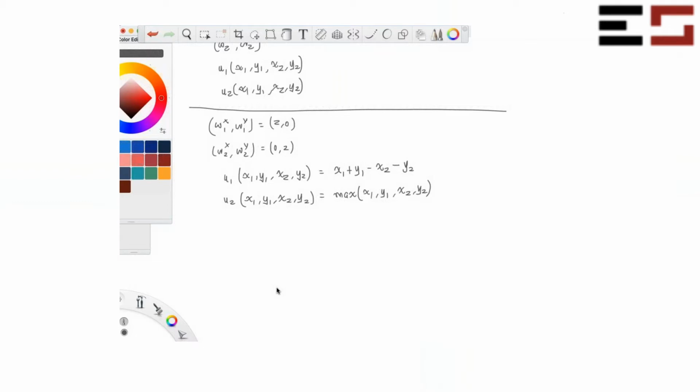So you can use this feasibility to write the utility function in this way, and then you can figure out the set of all Pareto efficient allocations.